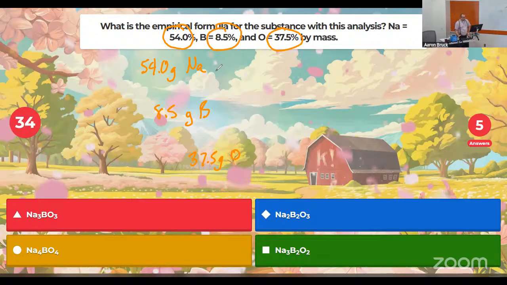And since what we're ultimately looking for is a ratio between them, we need to convert each of them into moles so that we can compare their atomic ratios on even footing.